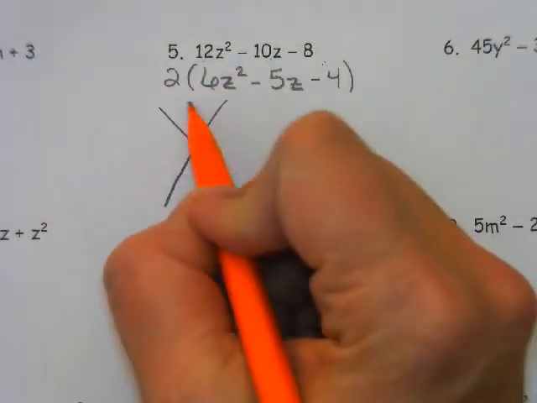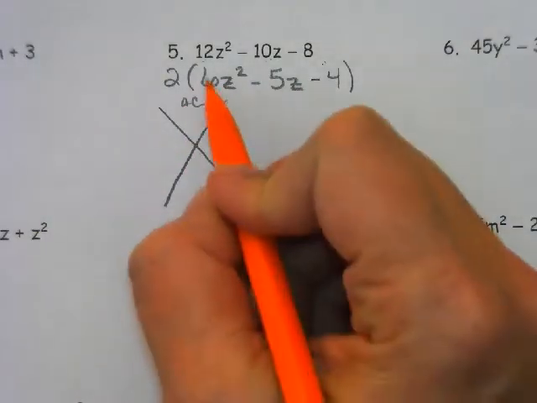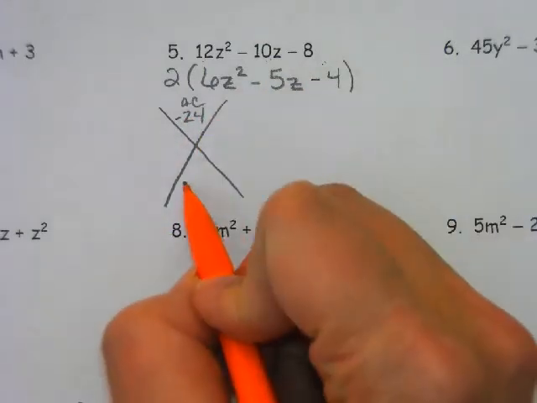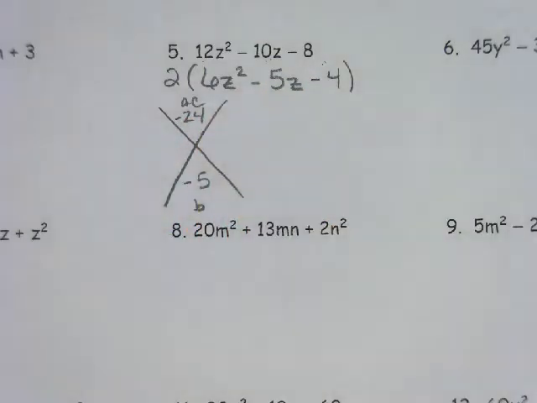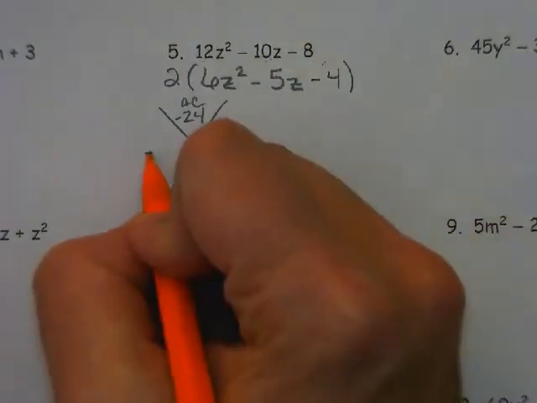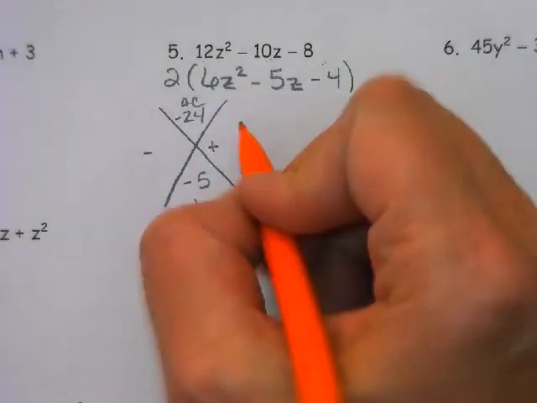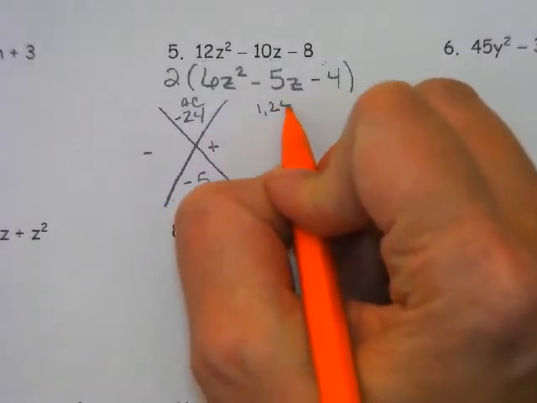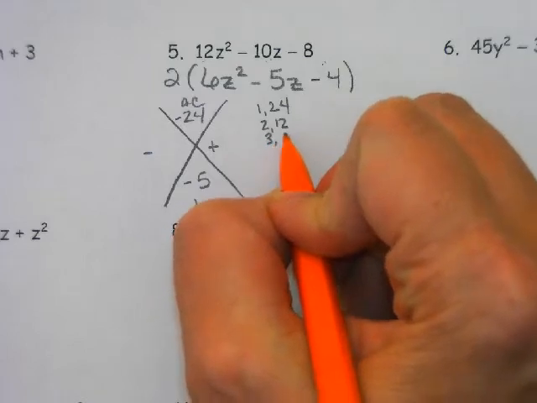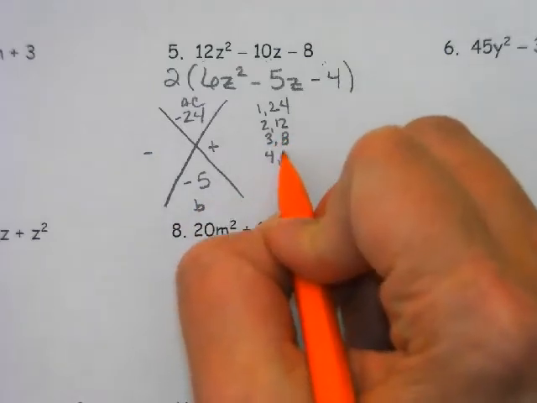We're going to say A times C like we've been doing. So 6 times a negative 4 is a negative 24. B is a negative 5. Are my signs the same or different? They are different. So my factors of 24 are 1 and 24, 2 and 12, 3 and 8, 4 and 6.